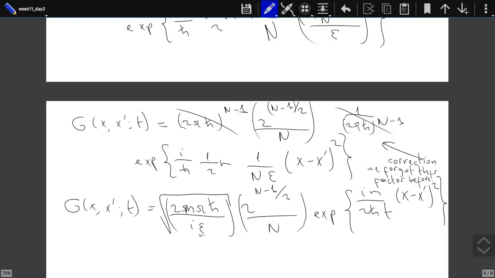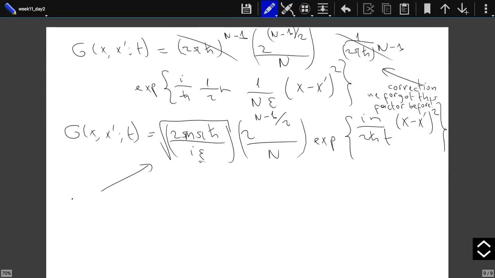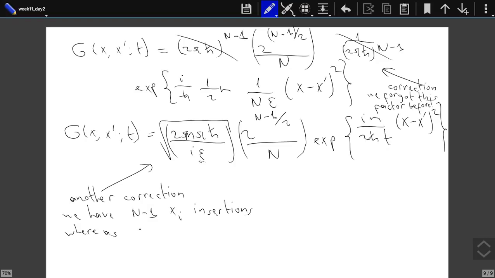So this is another correction. Because we have only n minus 1 xi insertions, whereas n pi insertions.